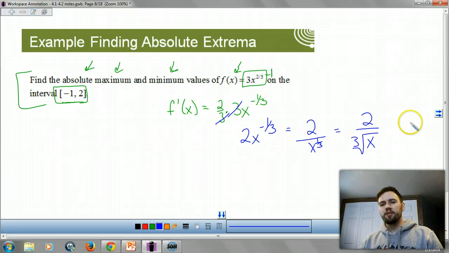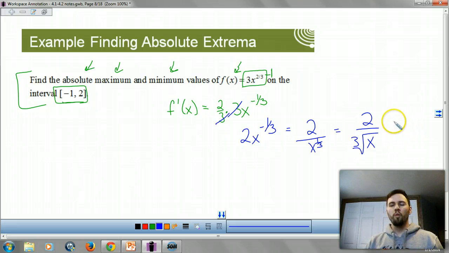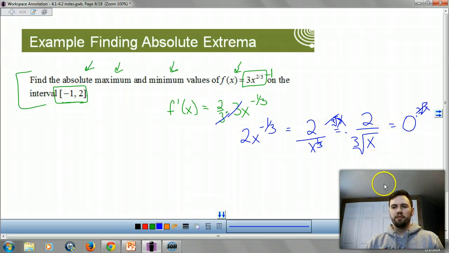Now what I need to do is ask myself, what are my critical points here? Well, does this ever equal 0? I multiply by the cube root of x, and it goes away, and you get 2 equals 0, which doesn't work. So it never equals 0.